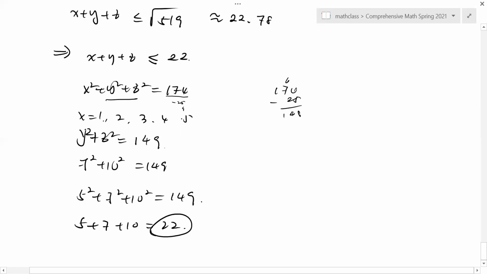Because I already showed at the very beginning that the largest possibility is 22. So we find it. Okay, I think this is a difficult problem, so you have to use guessing and trying. It takes a little bit more time to solve.